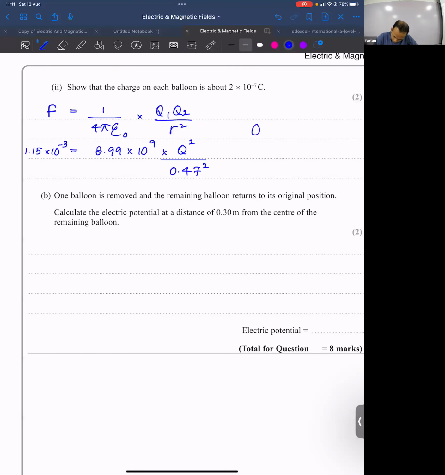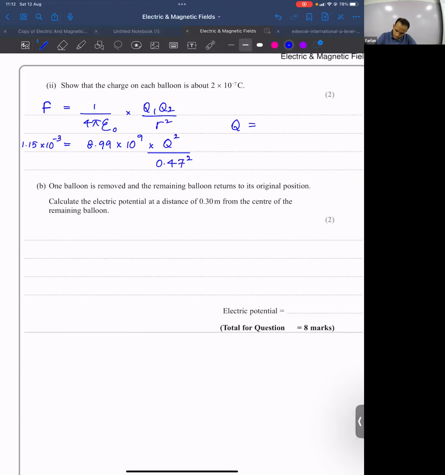And to get the Q subject from here, I'm getting 1.68 into 10 to the power minus 7 coulombs.